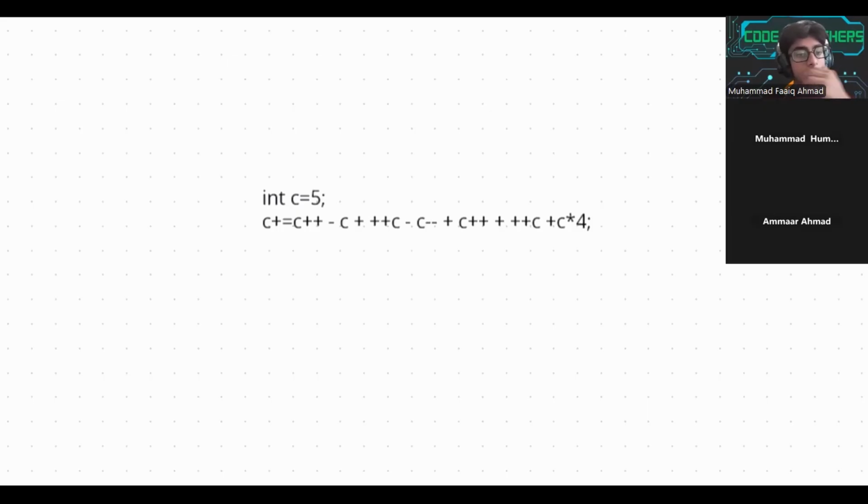We'll just check. First of all, it is C++, that is 5 minus 6. Then plus, we are again adding 7 minus 7. Then plus 6.